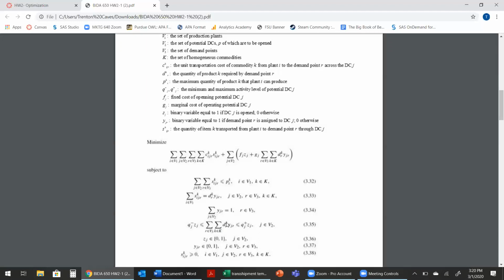So let's look at our third constraint. Sum J subset V2 YJR equals 1.